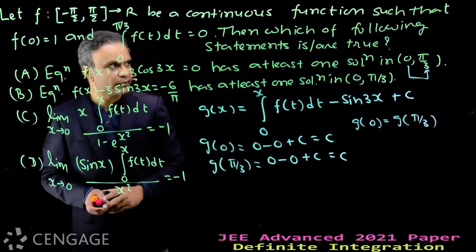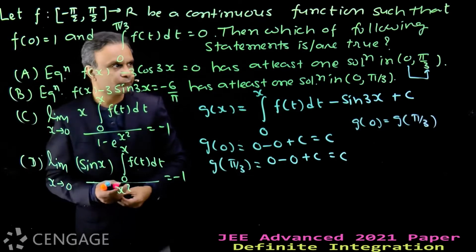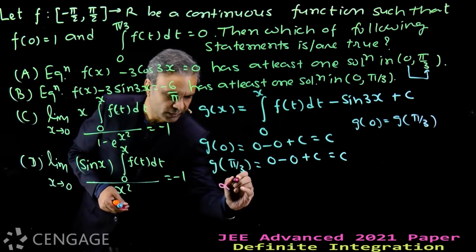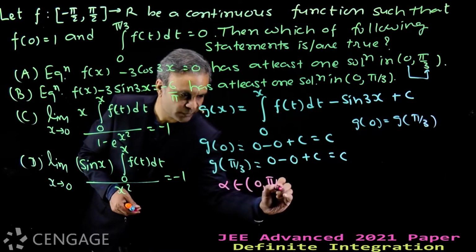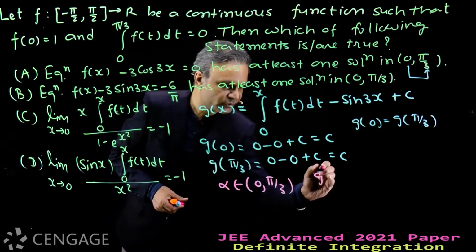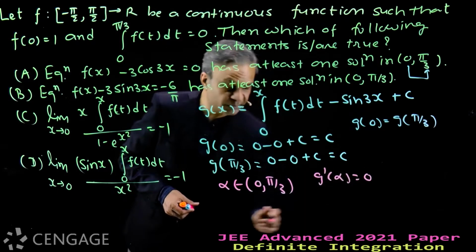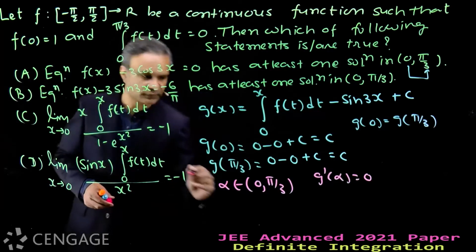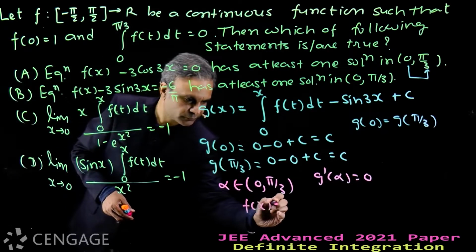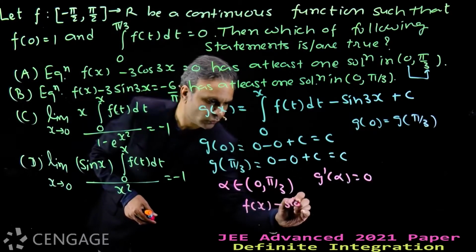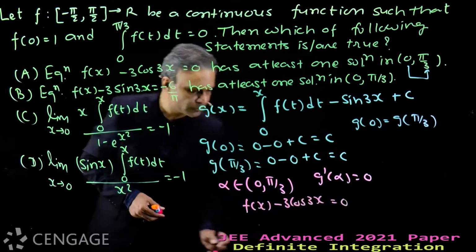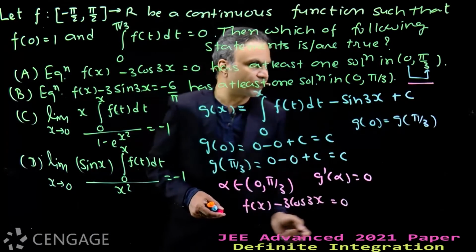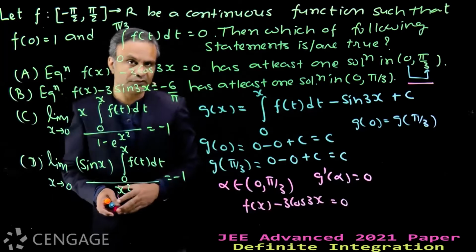Rolle's theorem is applicable, and from its argument there exists at least one alpha belonging to 0 to pi by 3 for which g dash alpha is equal to 0. The derivative gives f(x) minus 3 cos 3x equal to 0, so this equation has at least one root in the interval 0 to pi by 3.